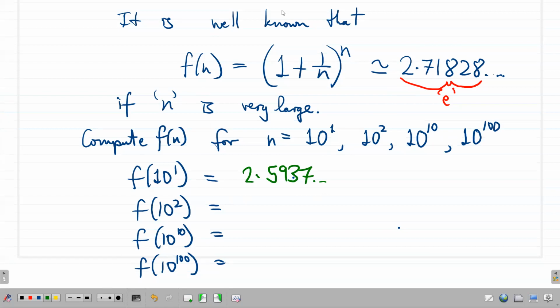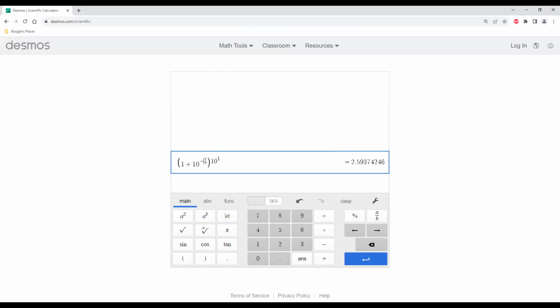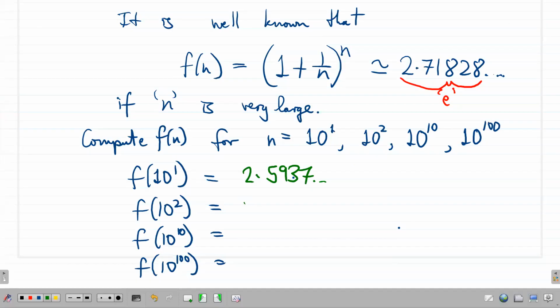Let's shift to 10 squared. See what we get. If it's 10 squared, it's 2.7048. Let's pop that in. Okay, so we're getting closer and closer and closer.